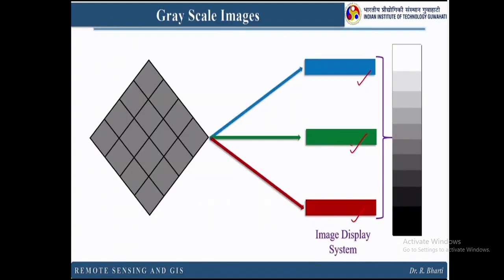This is the grayscale image. For the grayscale image, there are three types of color combination here: the first one is the blue color, the second one is the green color, and the third one is the red color. So the image display system is the color combination of the grayscale image, with the three colors blue, green and red.